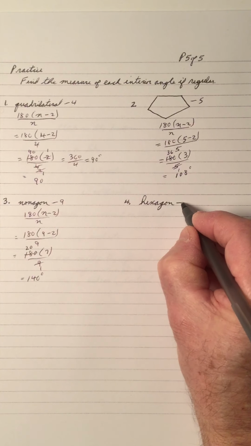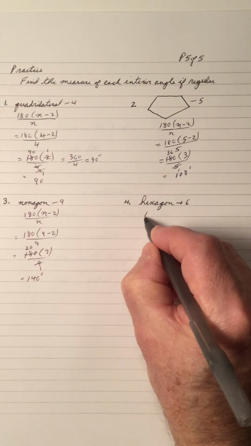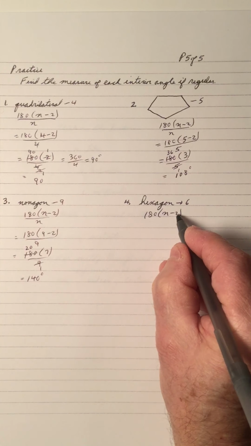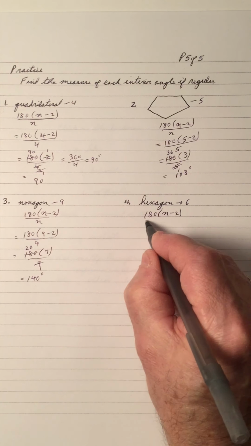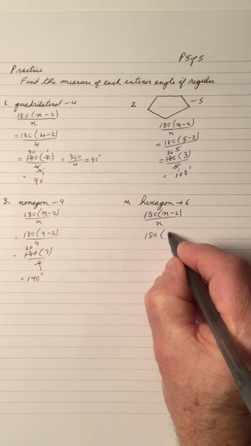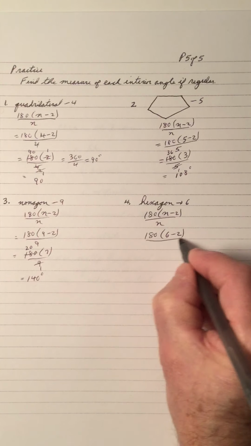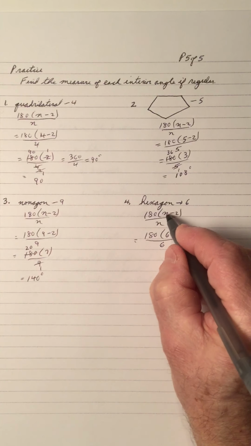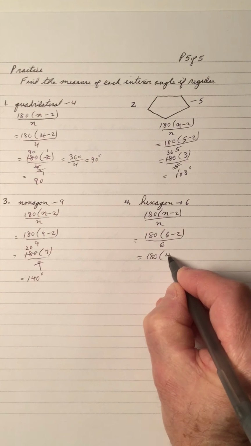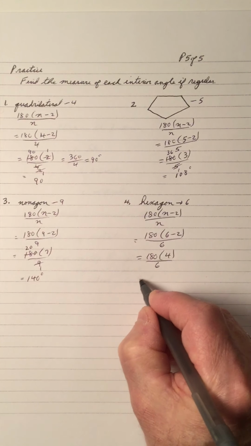And we've got a hexagon, which has 6 sides. So the formula: sum of the interior angles, 180 times (n minus 2) divided by n. 180 times (6 minus 2) divided by 6. So we substitute 6 in place of n. Do our brackets first by PEMDAS.